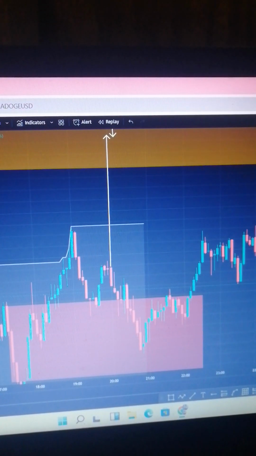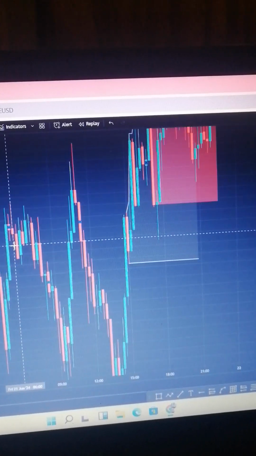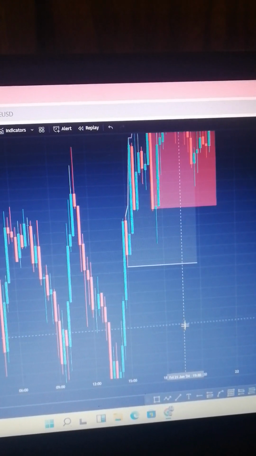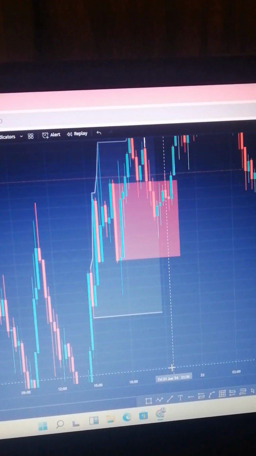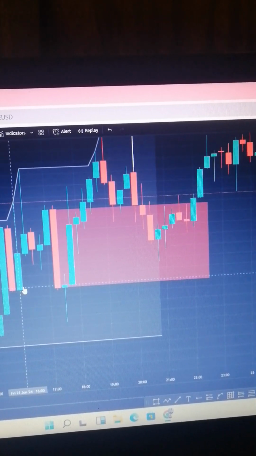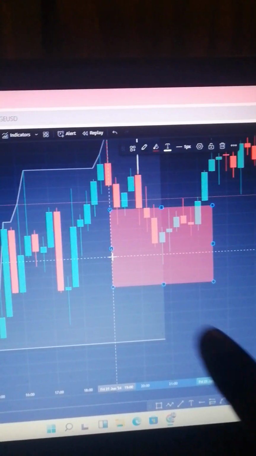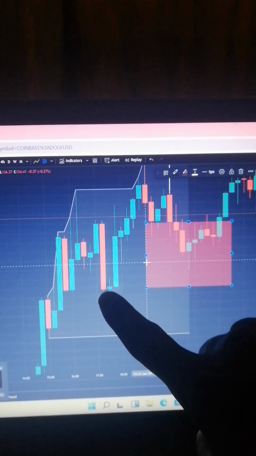If we can check it again, so that is 15-minute order block. You see this red candle here, it's an order block here.